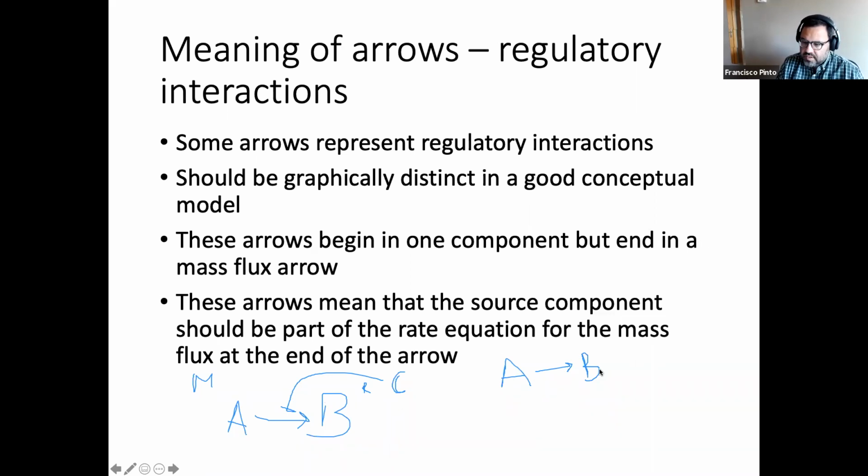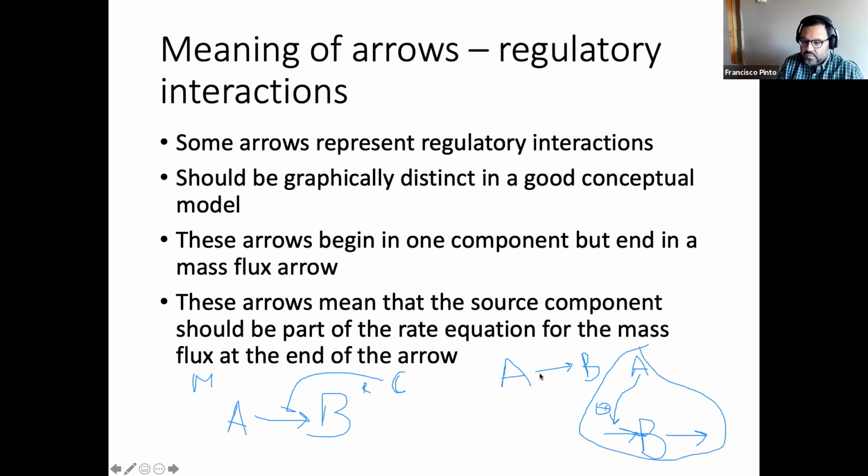If A activates B, what can be happening is that you have B that is synthesized from some reactant, and B is degraded, and then you have A, and A activates the synthesis of B. Sometimes this representation means this in actual terms.